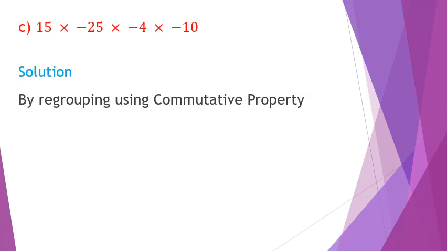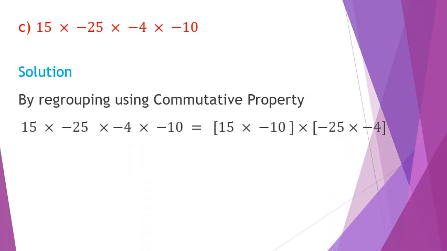By regrouping using the commutative property, we can write the above expression as 15 into minus 10 multiplied by minus 25 into minus 4. 15 into minus 10 gives minus 150, multiplied by minus 25 into minus 4, which gives 100. That is minus 150 multiplied by 100 gives minus 15,000.